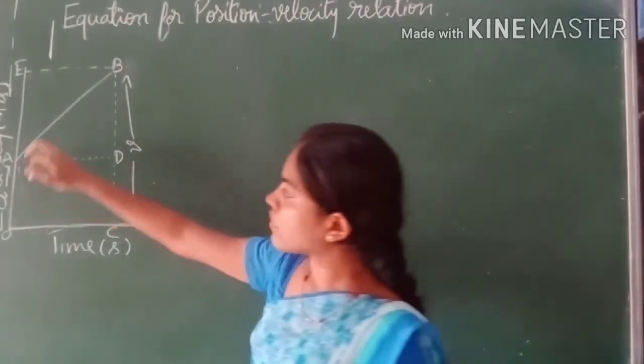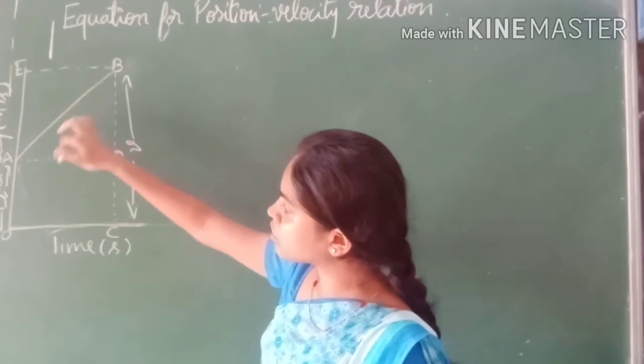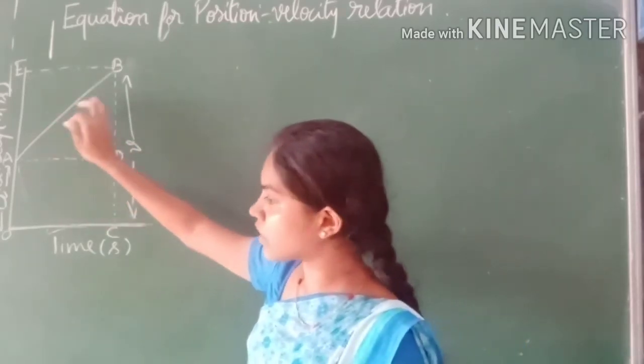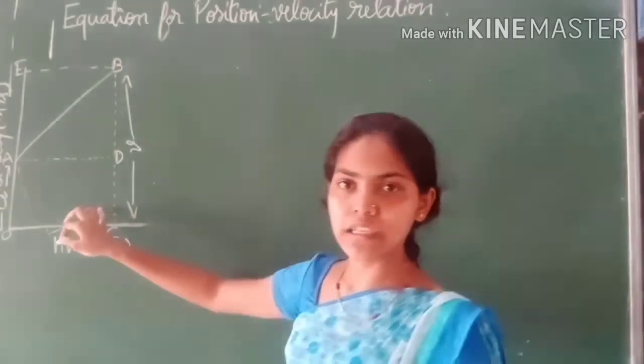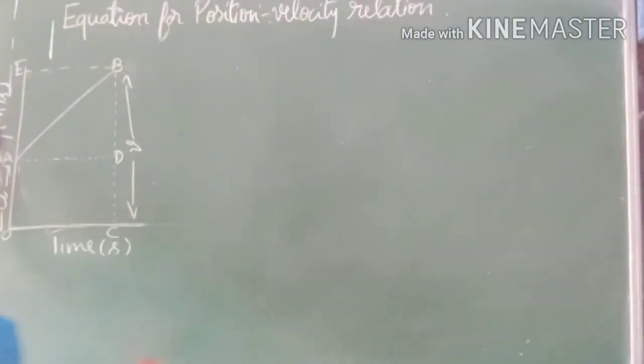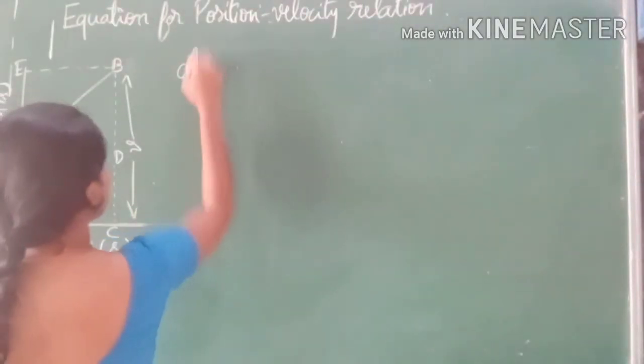Consider one object moving with uniform acceleration. The distance traveled by the car is nothing but the area under OABC.